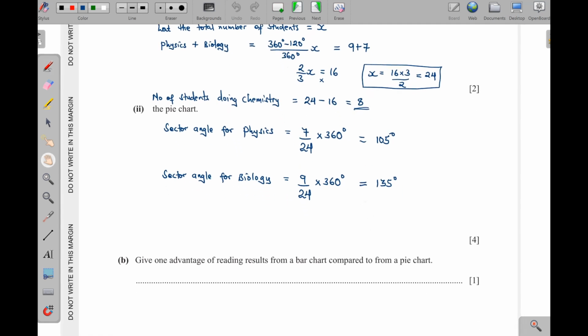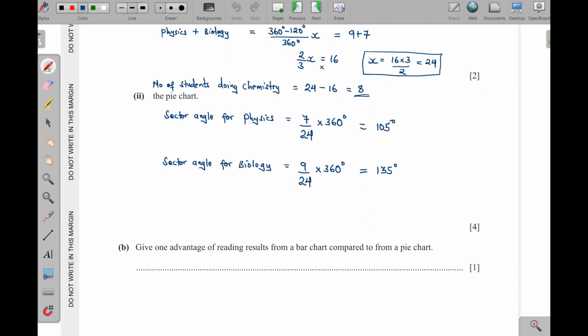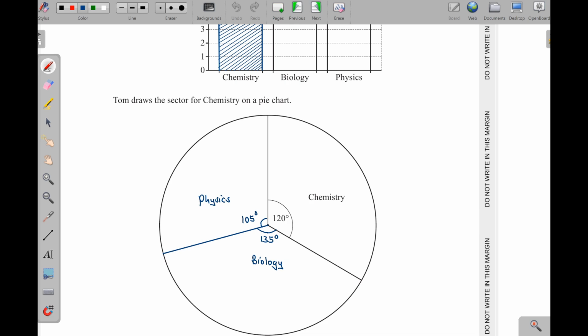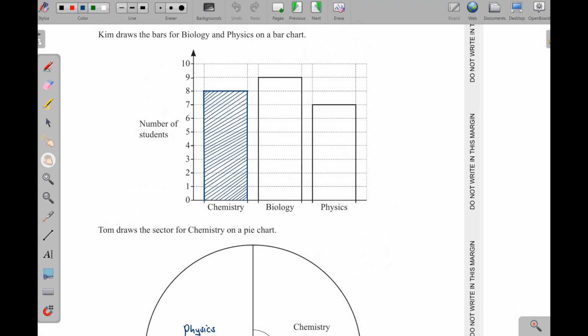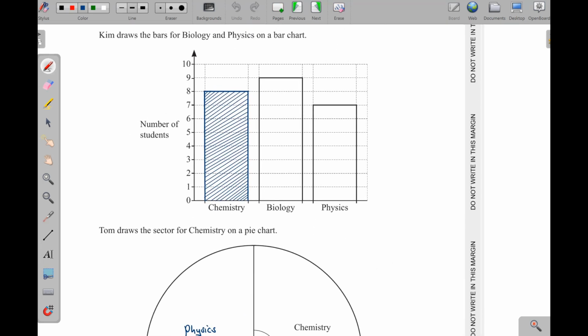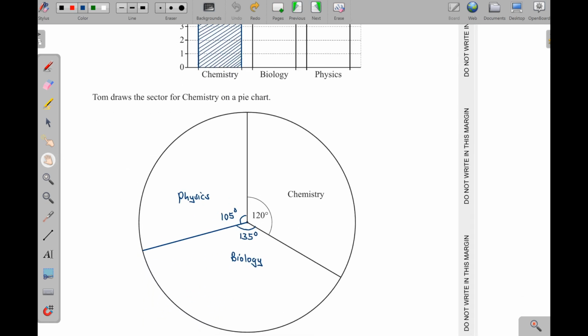Then part B, give one advantage of reading results from a bar chart compared to a pie chart. Now, when you check these two, the bar chart gives frequencies, so you can easily see the number of students for this case. But when you come to this pie chart here, it just gives portions. Okay, so if it is 120 degrees, you can't know exactly how many students are in there. You get it?